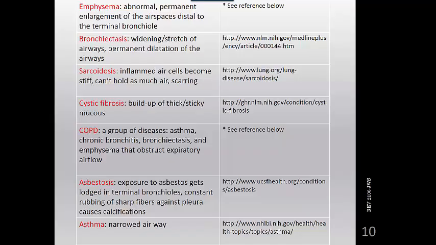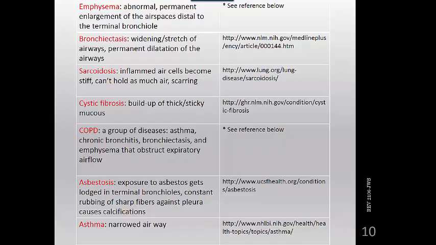Emphysema is an abnormal permanent enlargement of the airspaces distal to the terminal bronchioles that we just discussed in the previous slide about how they enlarge and all of that good stuff. Bronchiectasis is widening or stretching of the airways. It's a permanent dilatation of the airways.